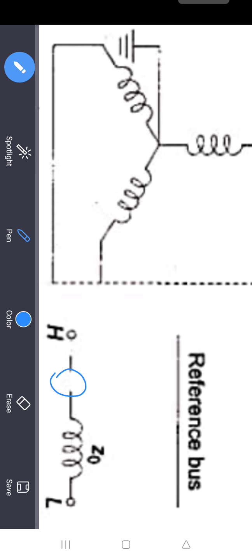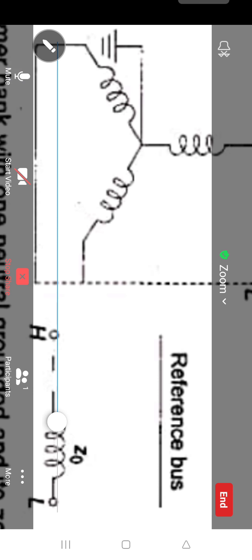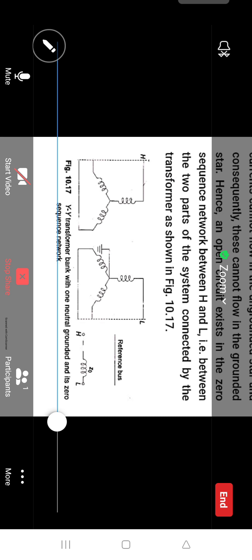It is because on the H side there is no ground connection given, and Z0 is the impedance value on the L side. So, this is the zero sequence network for a star-star connection where one neutral of the transformer is not grounded.